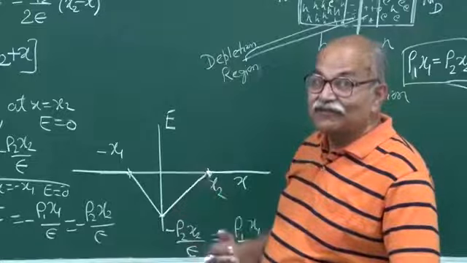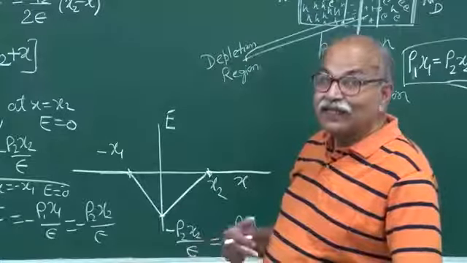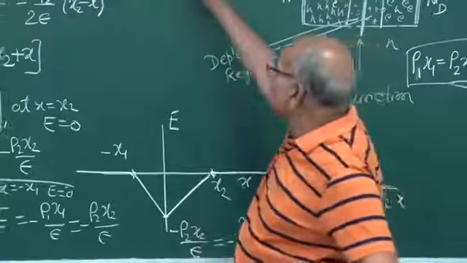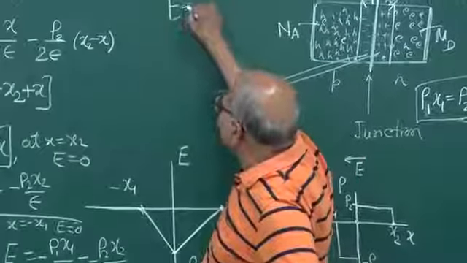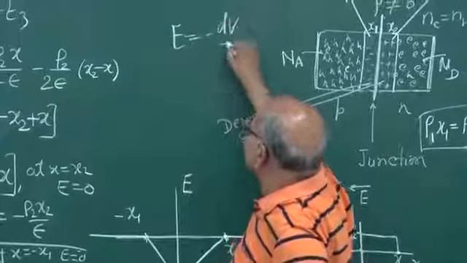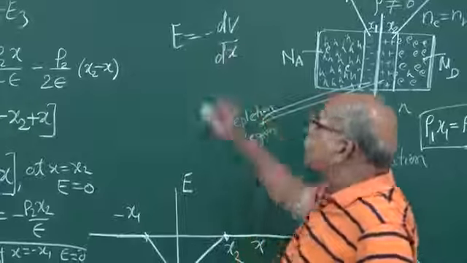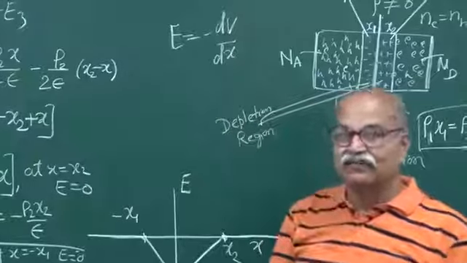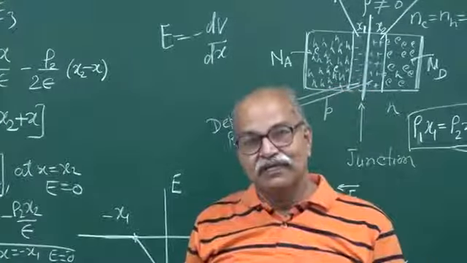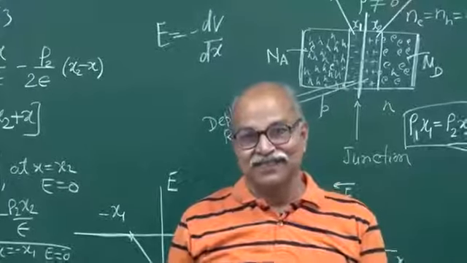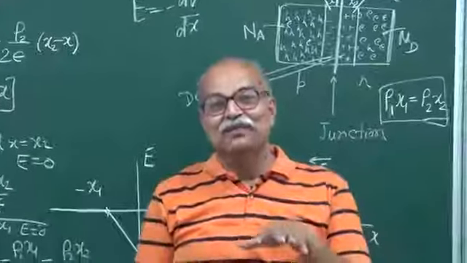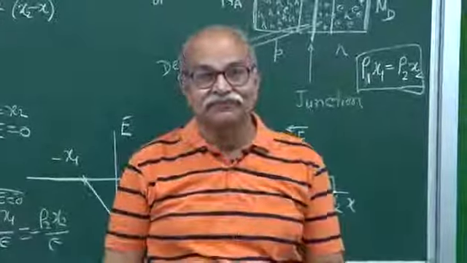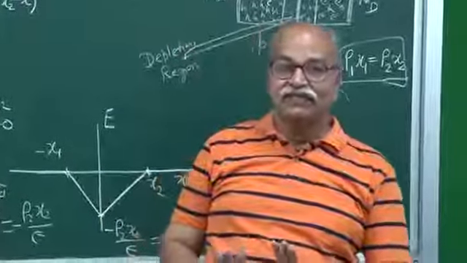Once I have the electric field, I can calculate the potential using our equation E is equal to minus dV/dx. So we can calculate this potential as a function of x, and from there the energy as a function of x, and from there the potential barrier. So that will be our next task.